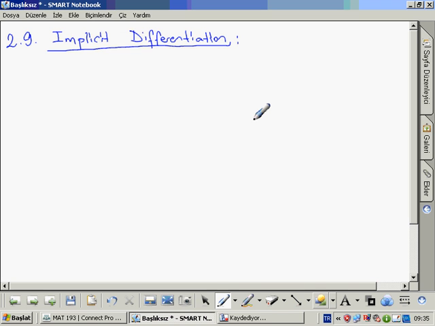We know from the previous lectures that we can find the slope of a curve, which is the graph of a function f of x, by calculating the derivative of this function f. And we know that not all curves are the graphs of such functions. To be the graph of a function f of x, the curve mustn't intersect any vertical line at more than one point.